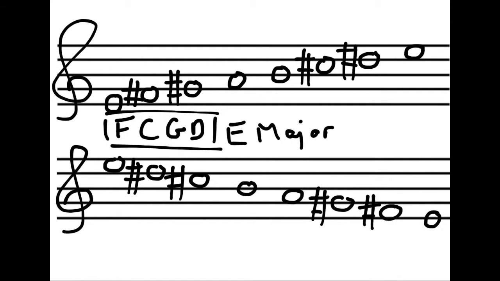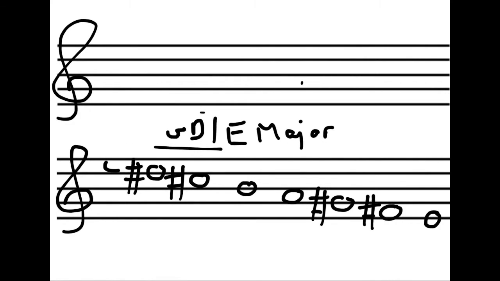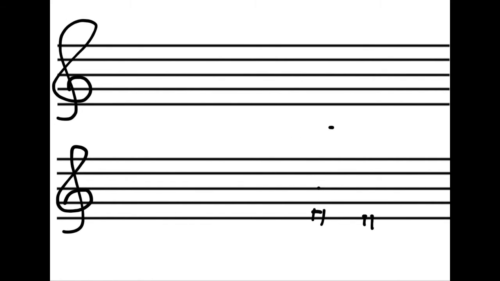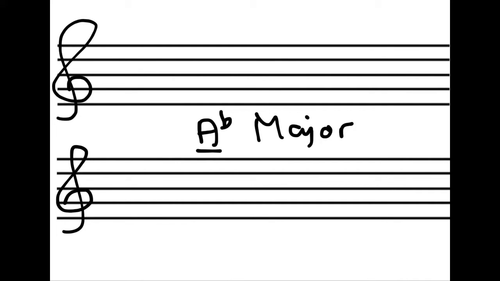I'll try another one. This time I think I'll do a flat one just for variety. Hopefully be a bit of a recap as well on how to use the flat rule. Okay, so say we're looking for the scale of A flat major. Okay, so it's pretty obvious that you're using the flat rule because it's A flat major. The flat rule is you look for the flat that you start with, which is A flat, look for that in the rule and count a word forward.